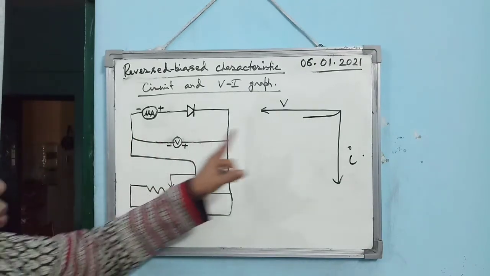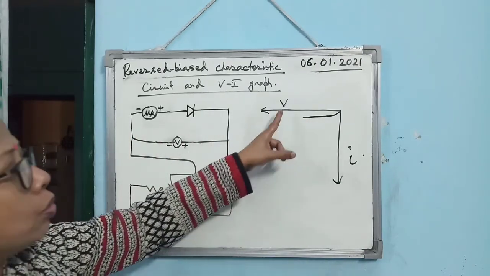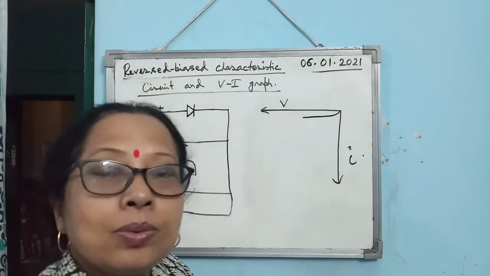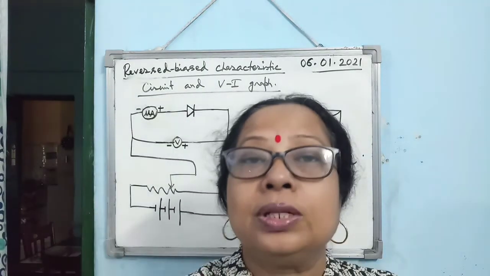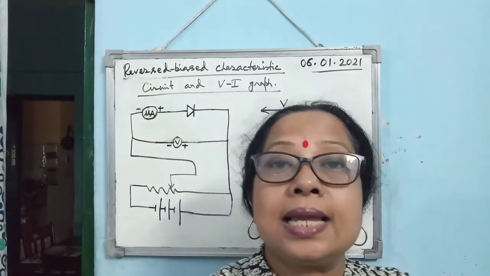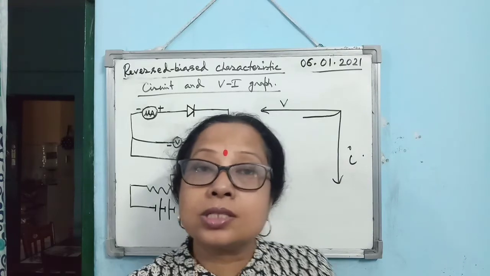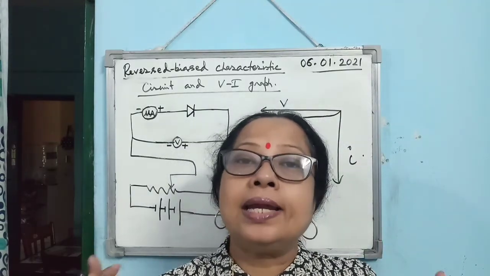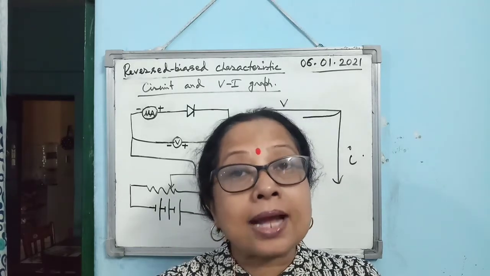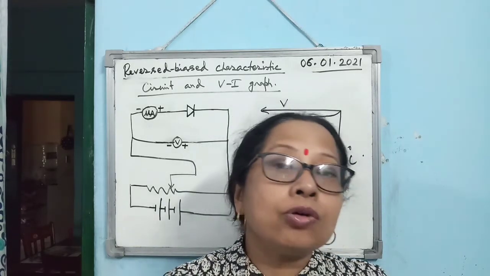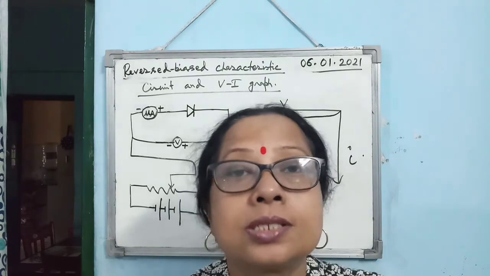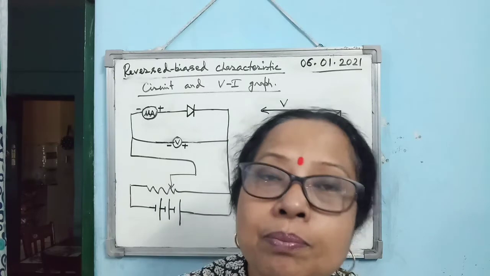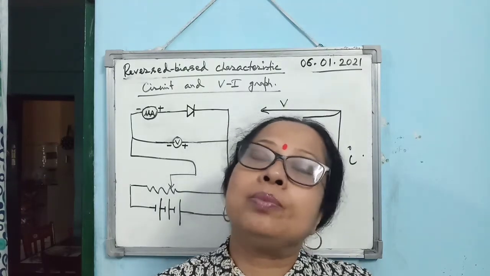Alright, now in this way, if you go on increasing the potential applied, then what will happen? Due to the increased potential applied across the junction, suddenly a large number of covalent bond will break across the junction. Where the covalent bond will break? Across the junction. And as a result, suddenly a large number of electron hole pair will be produced.